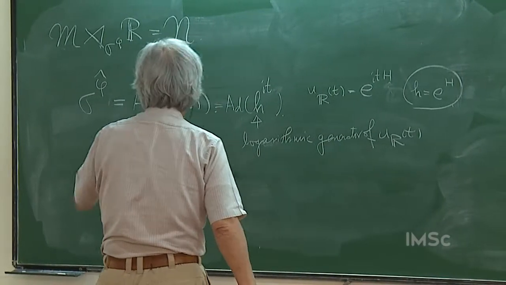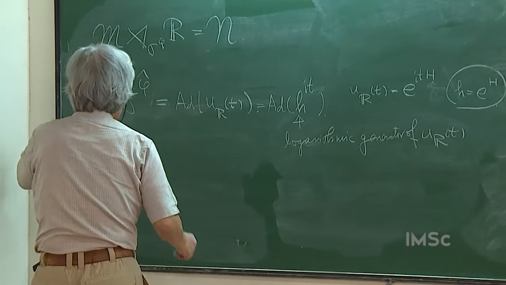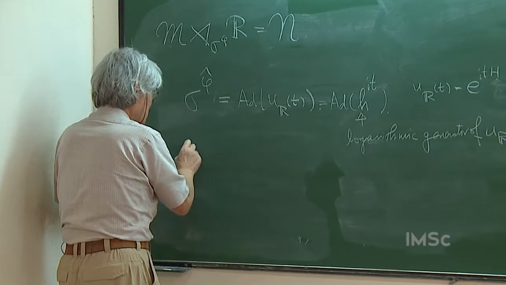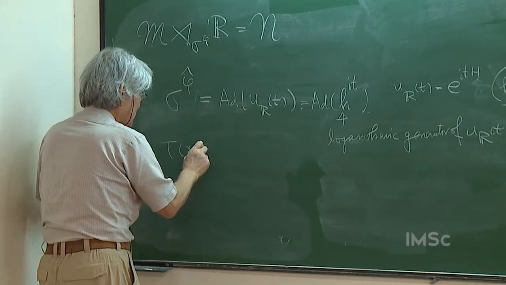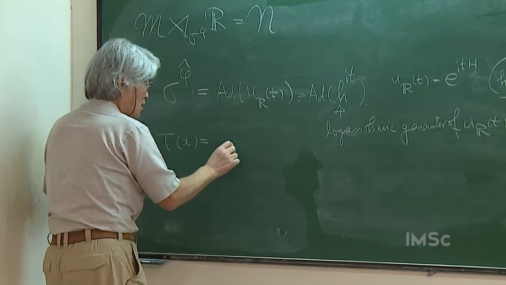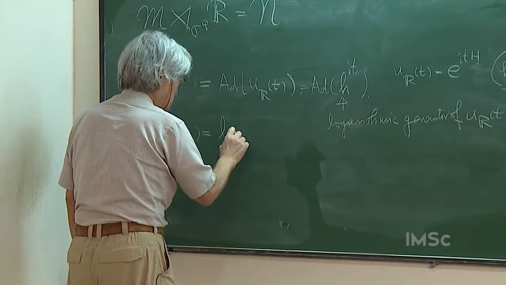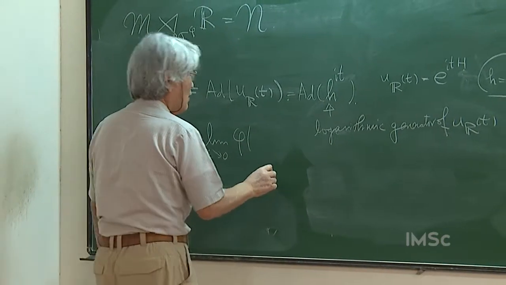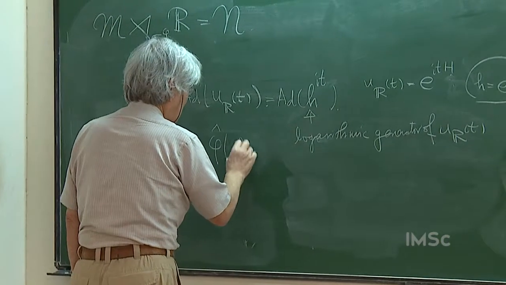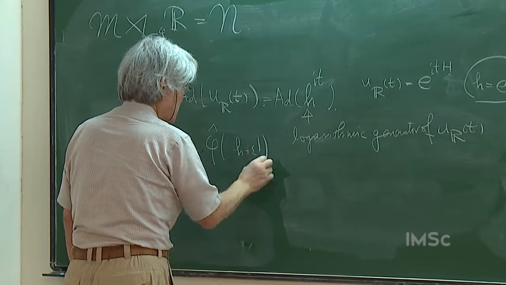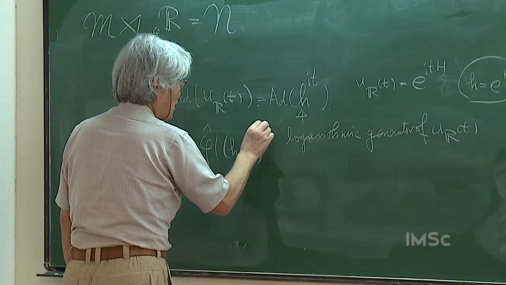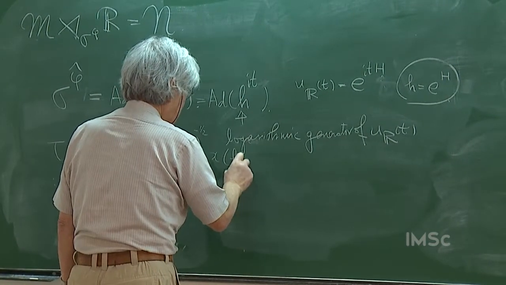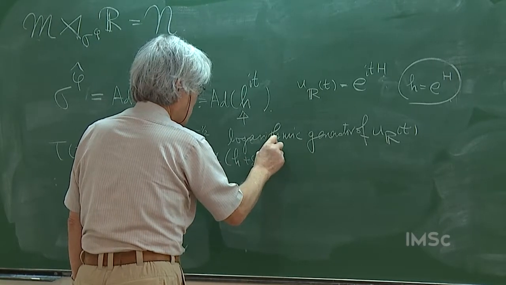Okay, now this tells you that the modular automorphism is inner. So you make tau of x to be the limit as epsilon goes to 0 of (h plus epsilon 1) to the minus 1/2, x, (h plus epsilon 1) to the minus 1/2.